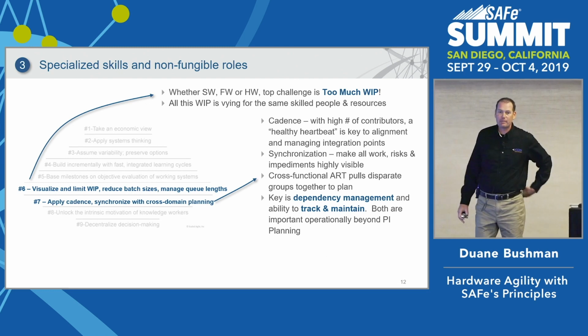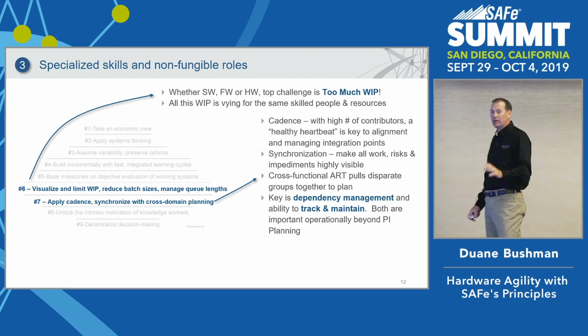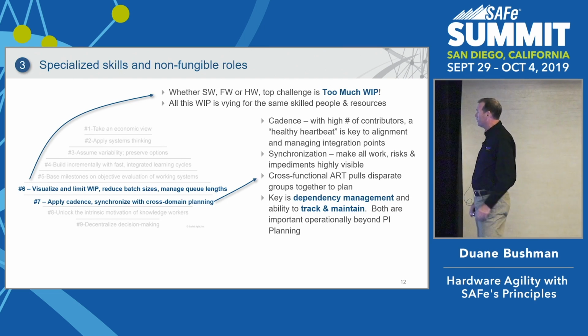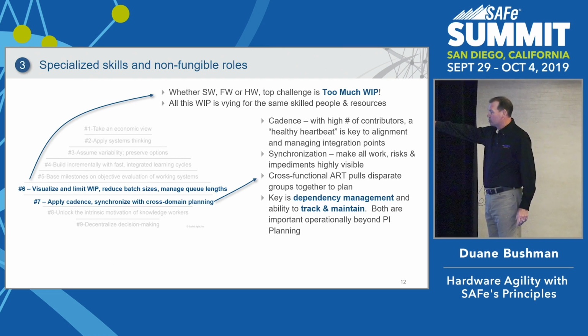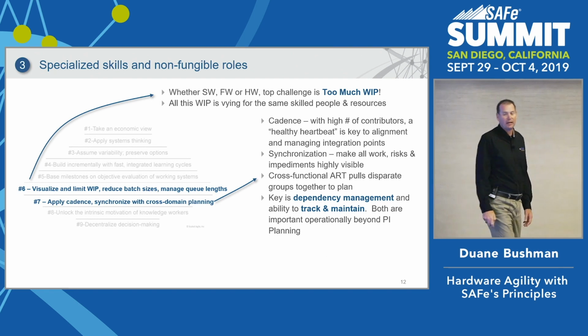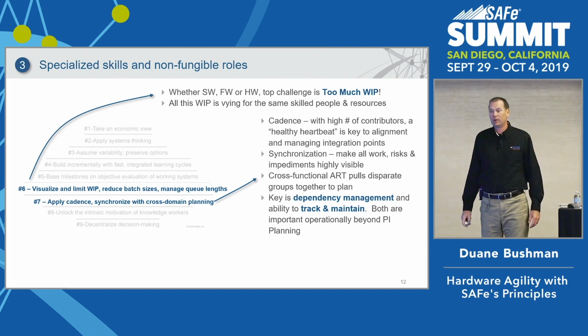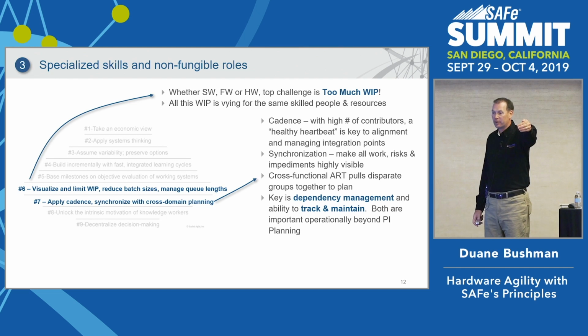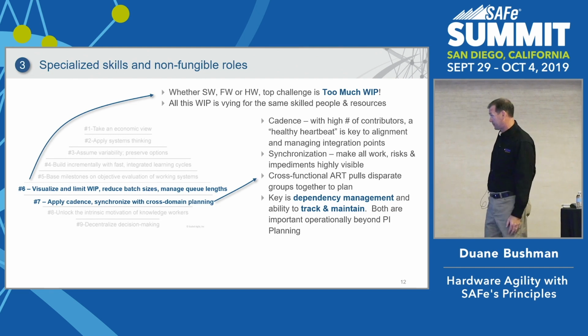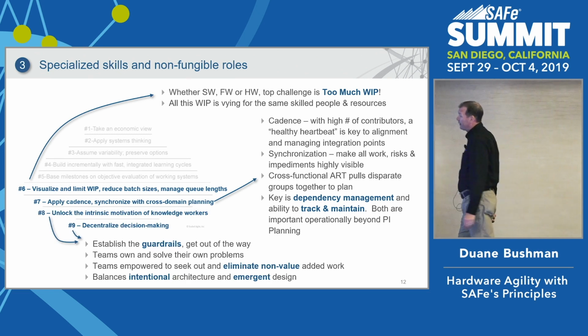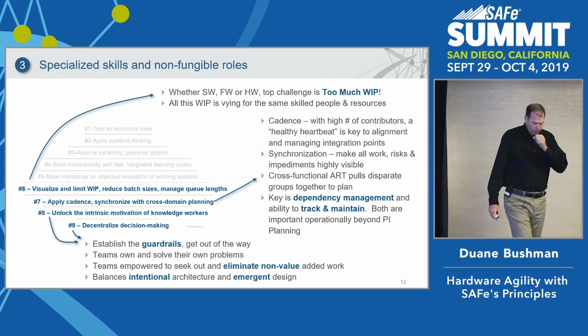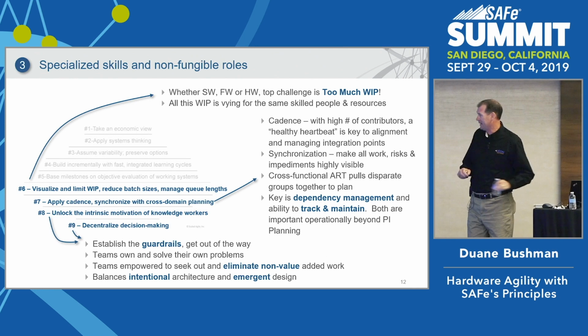Momentarily, I'm going to expand on the hardware silo, and we're going to challenge Dunbar's number a little bit at what it means to truly cross-functionally plan. Because at the end of the day, dependency management and how we have the ability to track and maintain is one of the most important aspects here. We're looking to get ahead of those things that are going to bite us, right? Those dependencies, those integration points. And then finally, I grouped principles 8 and 9 together.